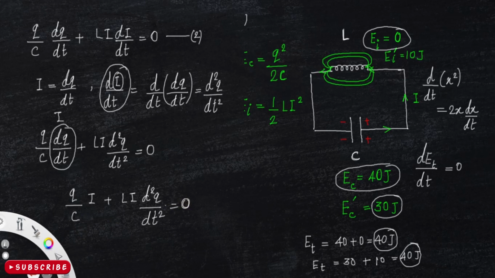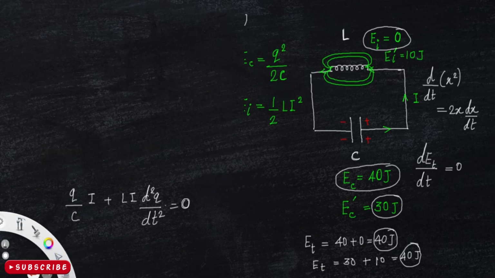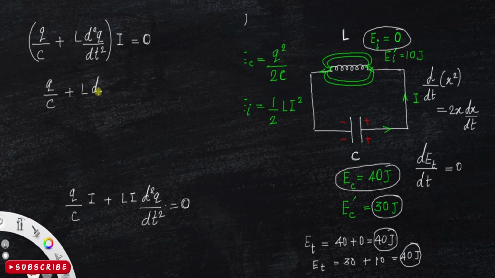Now, this can be simplified: I can take the i part outside, q by c plus L d square q by dt square, times i, equal to 0. Therefore, we have q by c plus L d square q by dt square is equal to 0 by i, which is actually 0 itself.